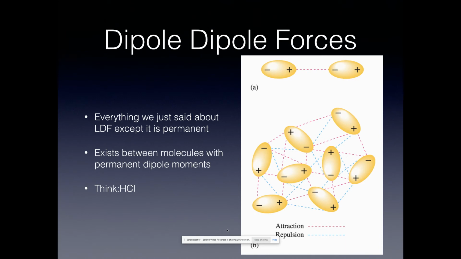It's just that the LDFs in Cl2 are stronger than the dipole-dipole forces in HCl. Why? More electrons. It's a more polarizable electron cloud. Now, if something has a dipole moment, that's a polarized electron cloud.